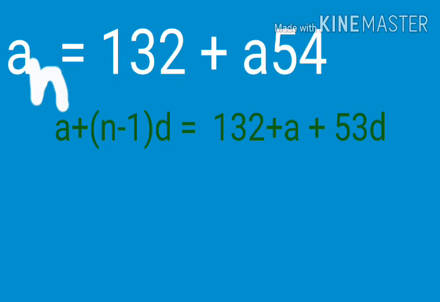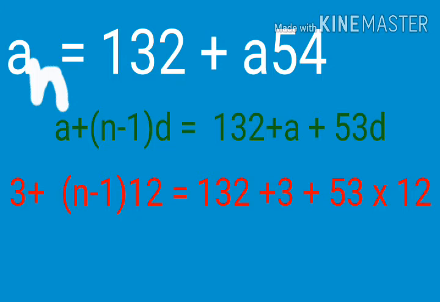Now we can substitute the value of A and D on both sides. Then we will get 3 plus n minus 1 into 12 equal 132 plus 3 plus 53 into 12.